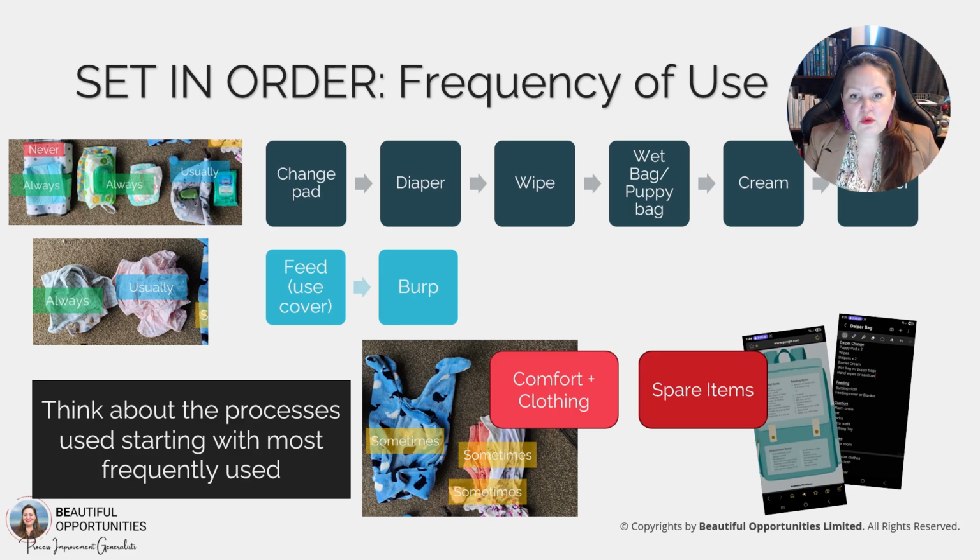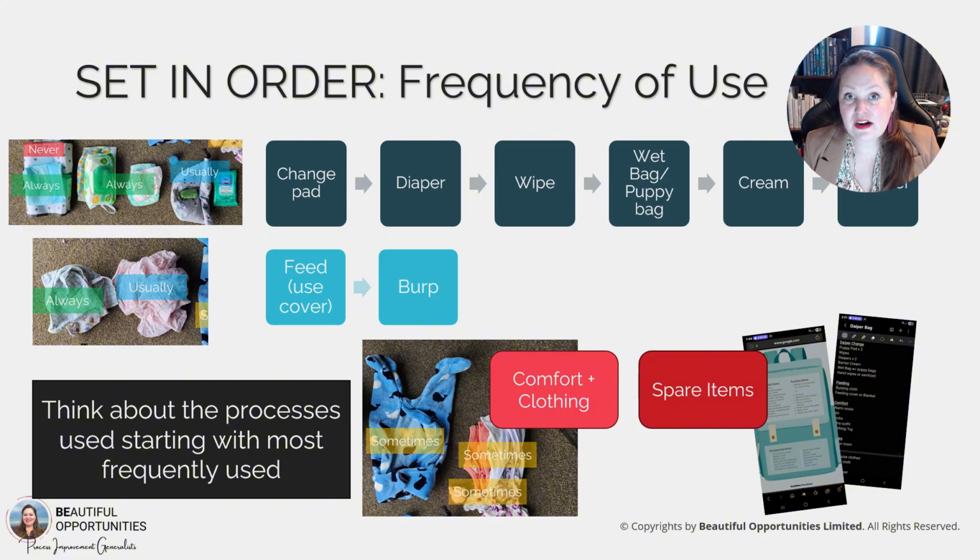The next question that we're going to ask is, what are the processes that I'm doing when I go through these items? That helps me group them to another level. The first thing that I'm doing most often is the changing, and these are all the items and the steps in which I use them to do the changing. The second most common is feeding.